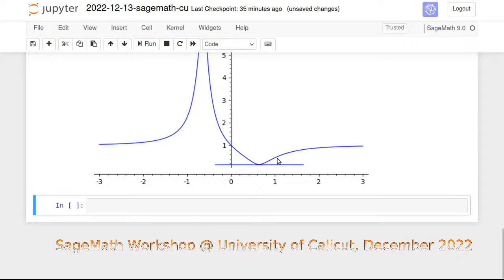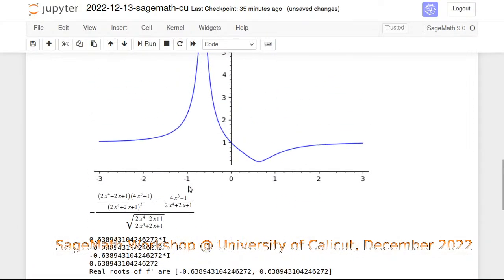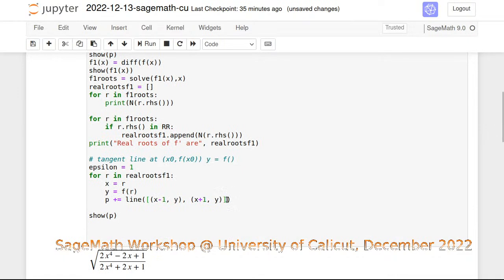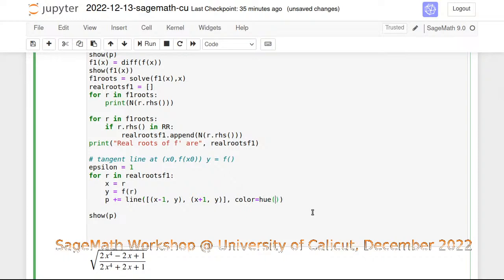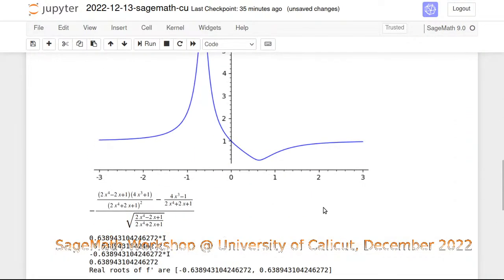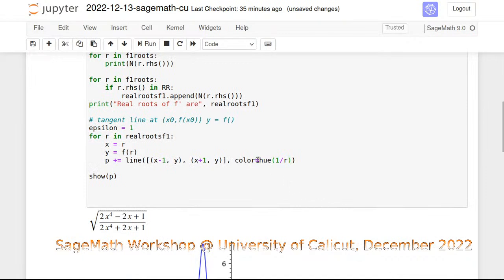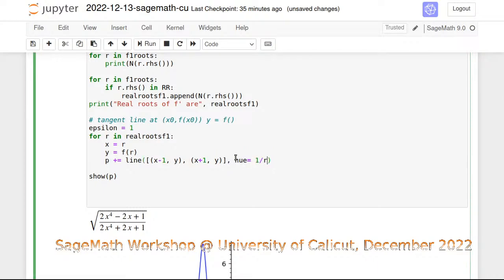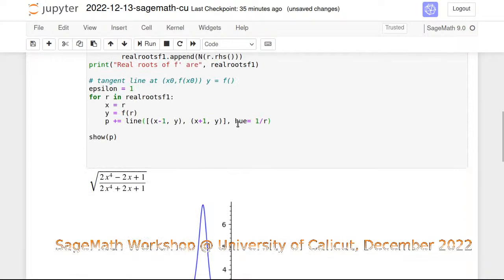Okay, I think we have completed that horizontal line. If we want, we can give some different color also. Color equal to, since the x coordinates are changing. Or RGB color, what is that command?